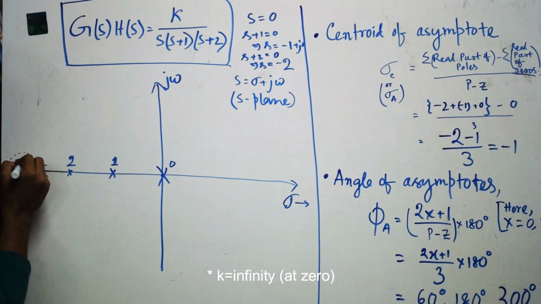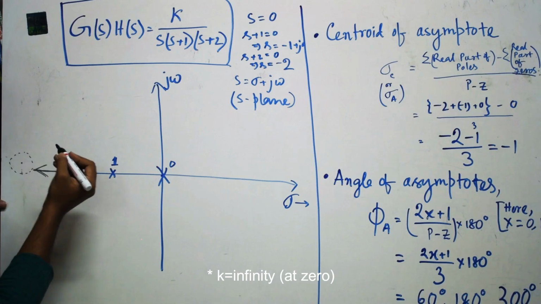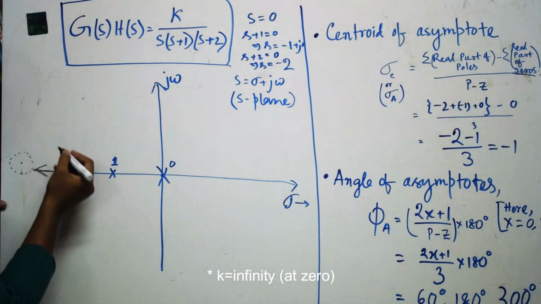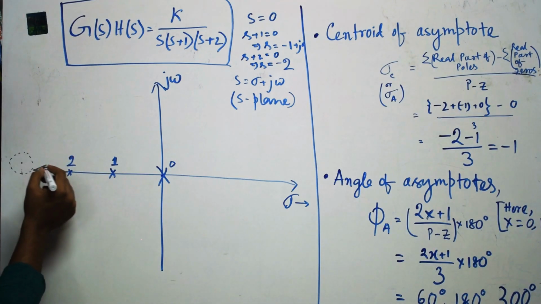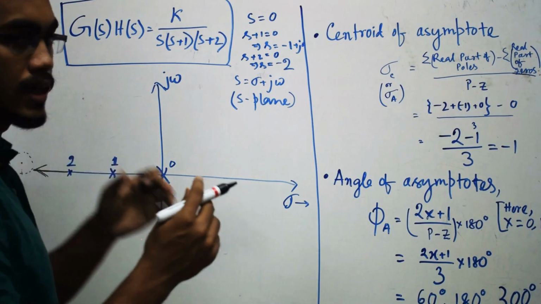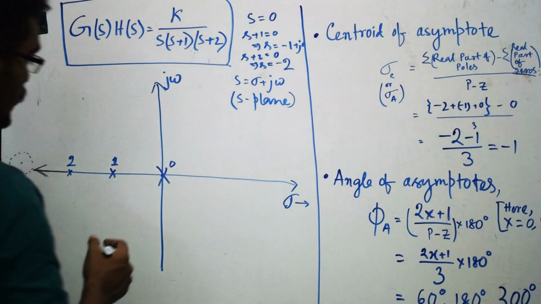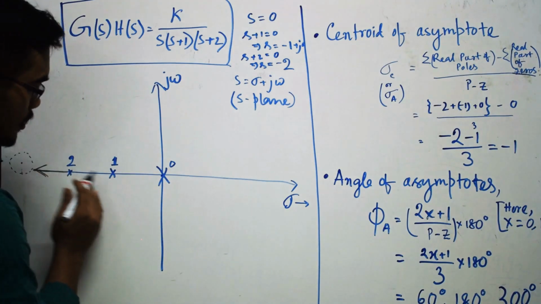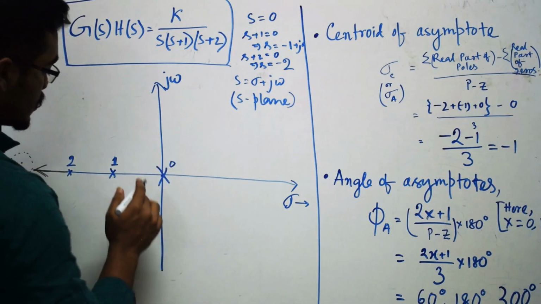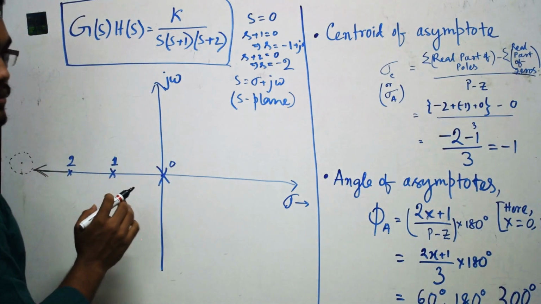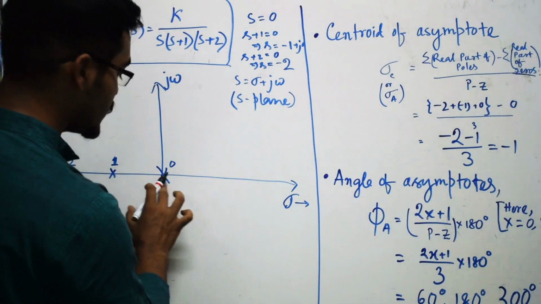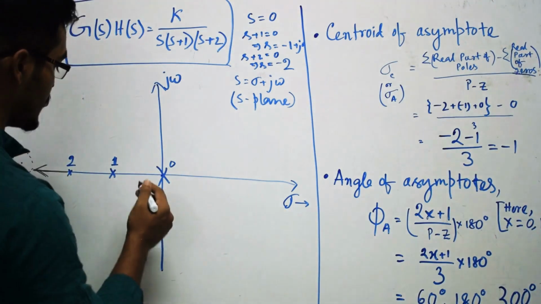There is a zero at infinity, and the root locus is emerging into that zero. So now this is gone, two poles are left. Here 2 is an even number, so there will obviously be a root locus in between them.